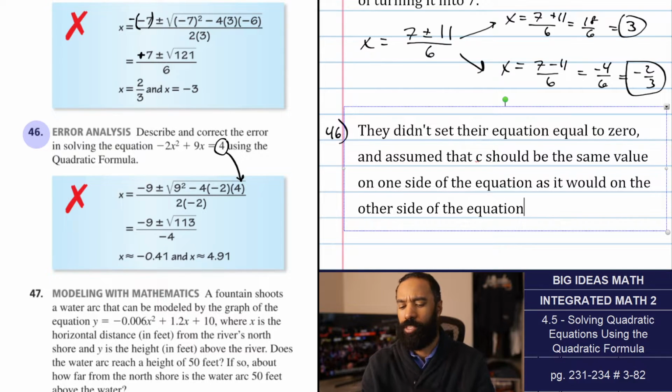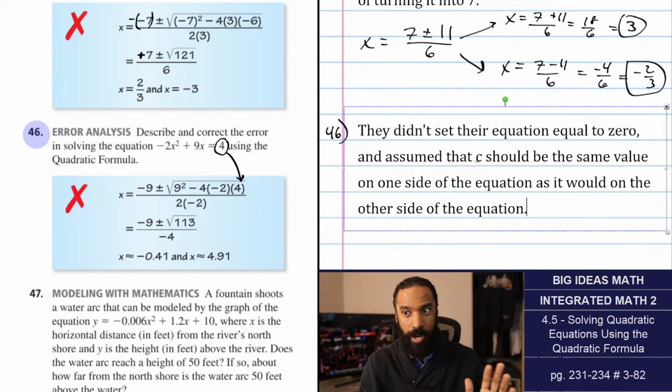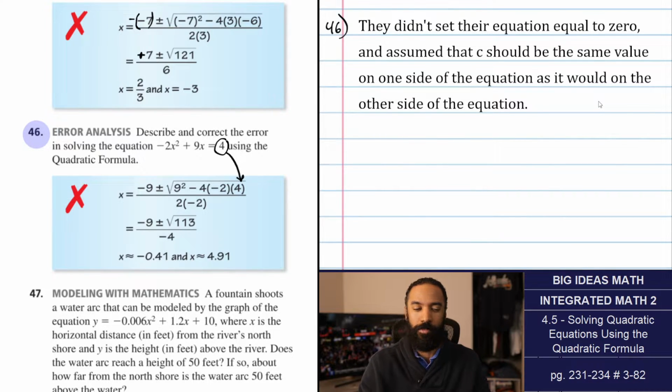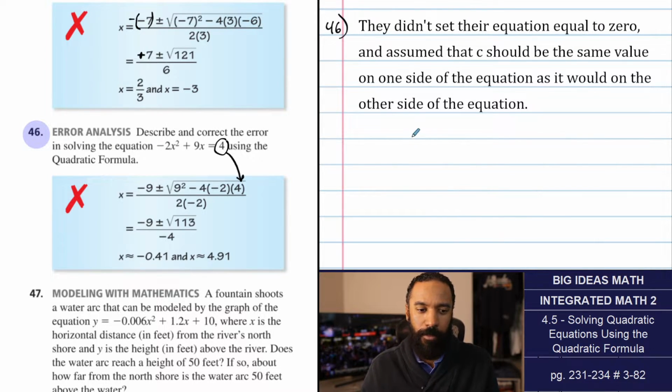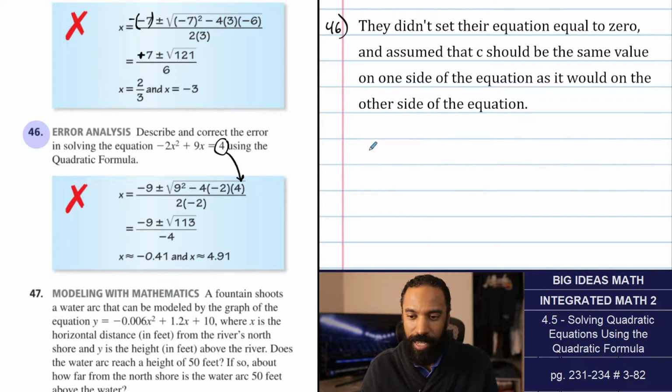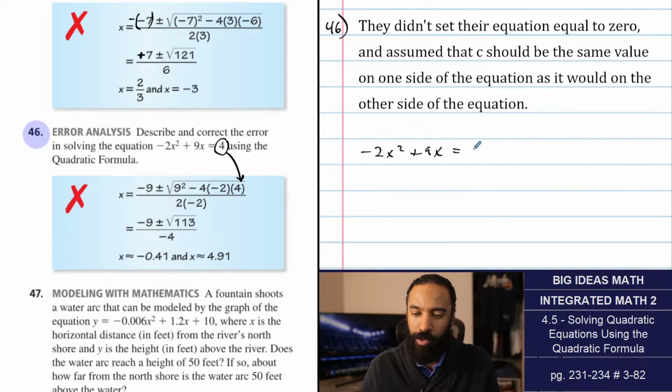Which is totally not true, right? The sign won't change. So if I were to fix it, honestly, I'm going to add 2x squared over and subtract 9x. Hope you don't mind. I don't refrain from my ways. That negative 4, and by the way, I'm not big on the rounding thing at the end anyway. So I got negative 2x squared plus 9x equals 4.